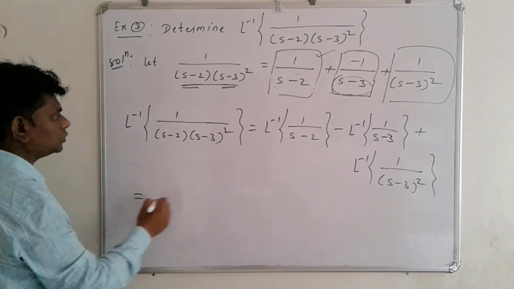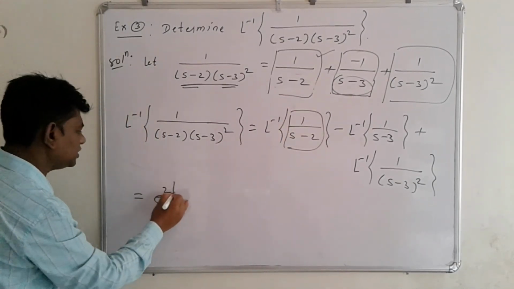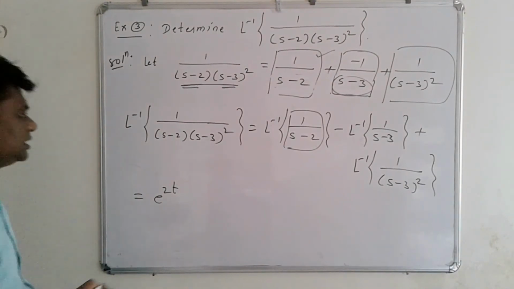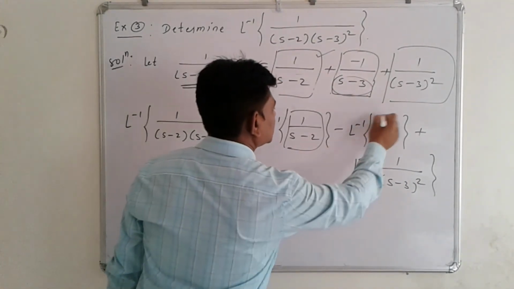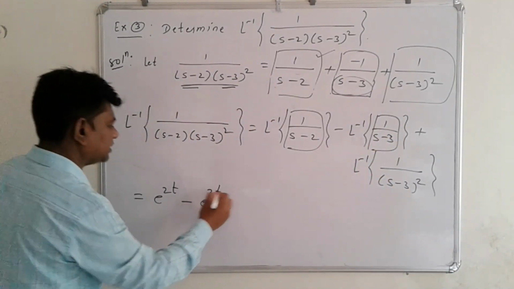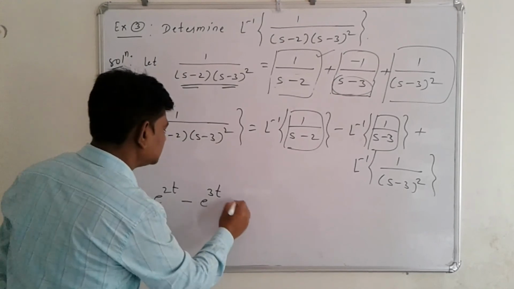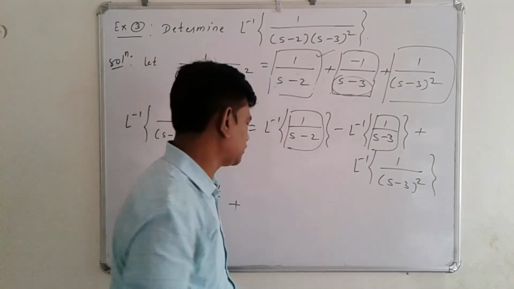This is equal to, the inverse of 1 upon s minus 2 is e to the power 2t, minus the inverse Laplace transform of 1 upon s minus 3, which is e to the power 3t, plus the inverse Laplace transform of 1 upon (s minus 3) whole square.